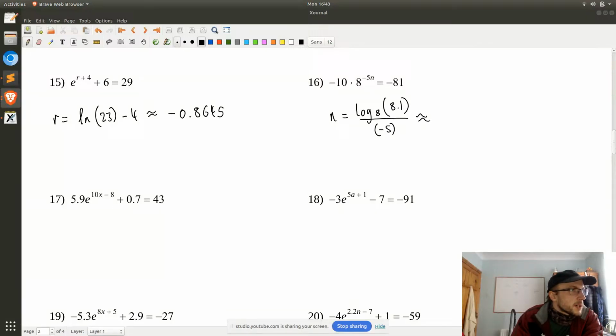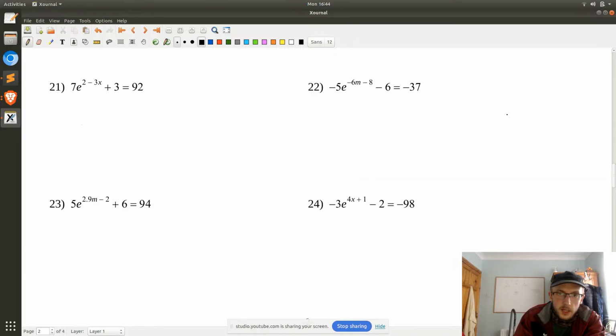Why does Wolfram Alpha take centuries just to do the most? It's unbelievable. I thought we were living in the future, right? Here we go. Negative 0.2012. There.